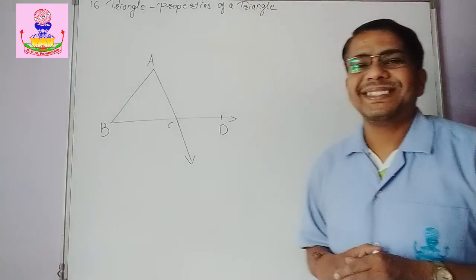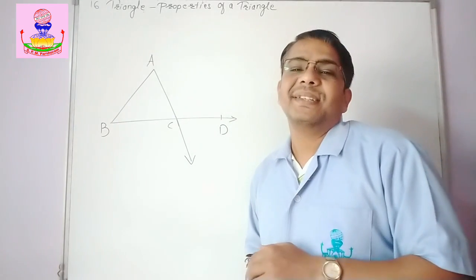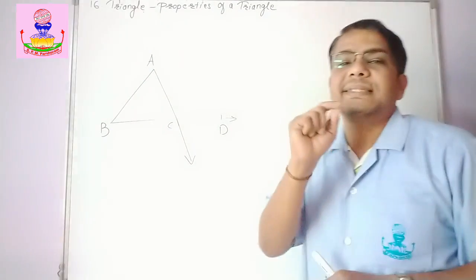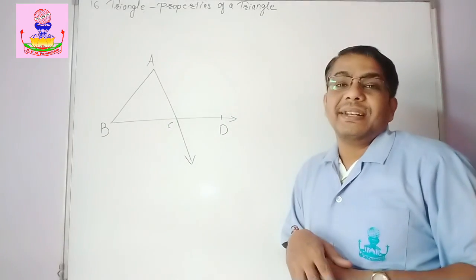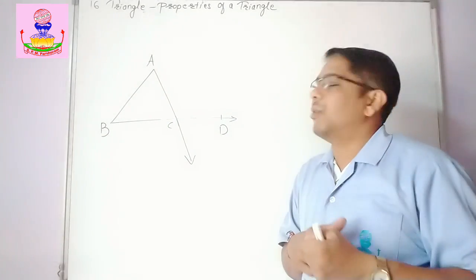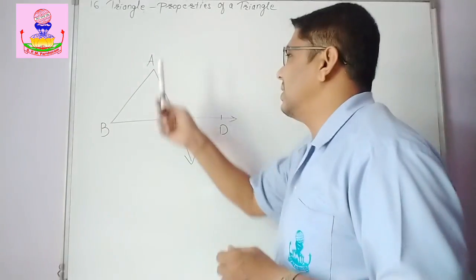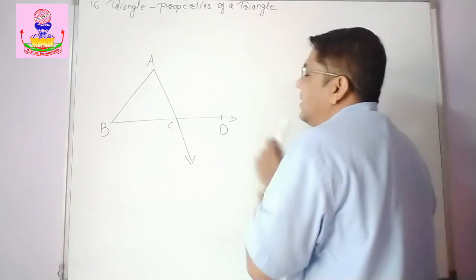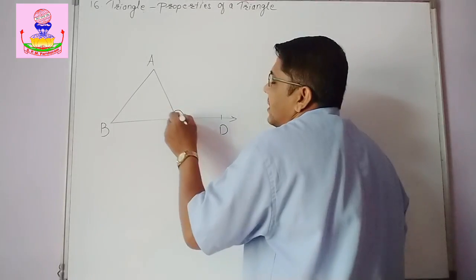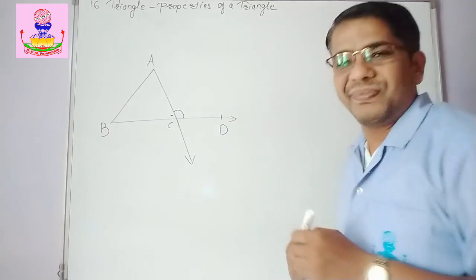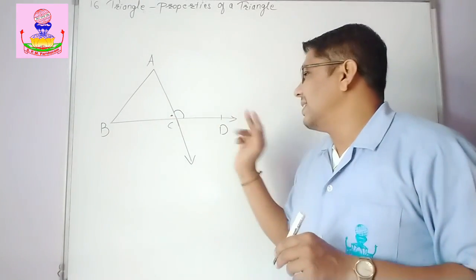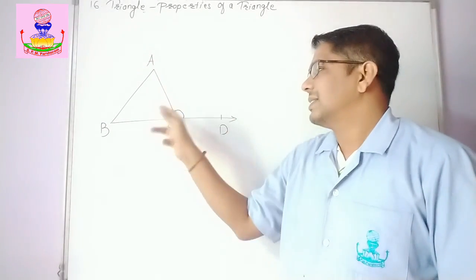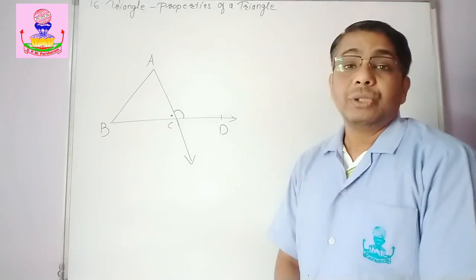The angle which forms linear pair with the angle of a triangle is called the exterior angle of a triangle. Linear pair, sum is always, obviously, 180. Now see here, angle ACB is the angle of triangle and angle ACD, that is this angle, is in linear pair with this angle. So angle ACD is also the exterior angle of triangle ACB.